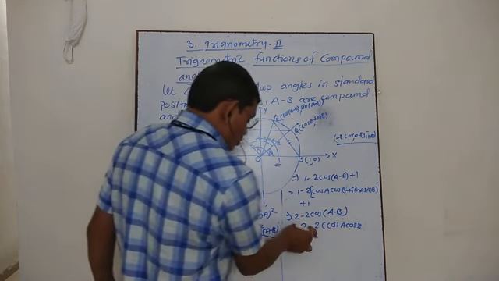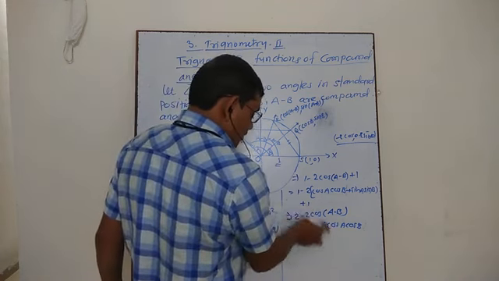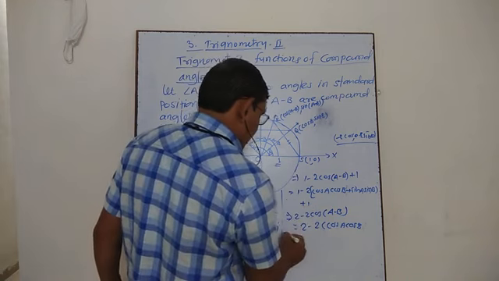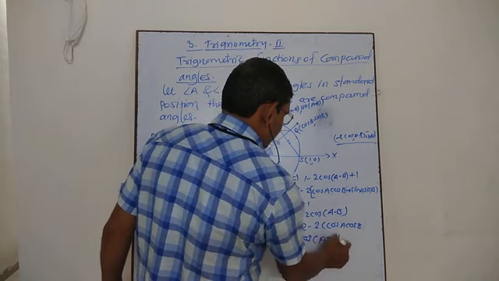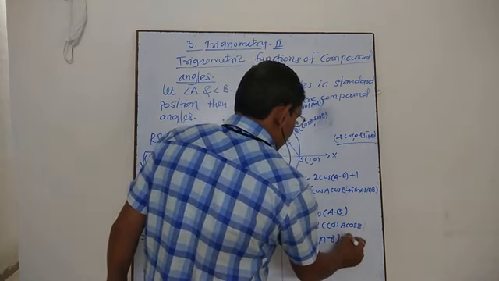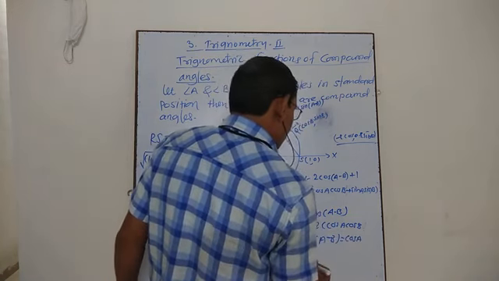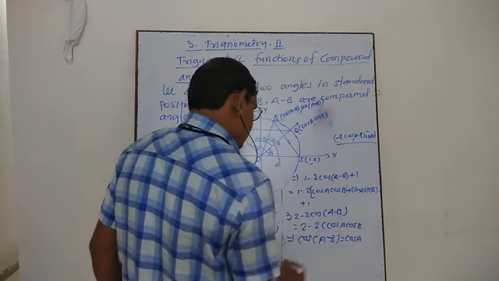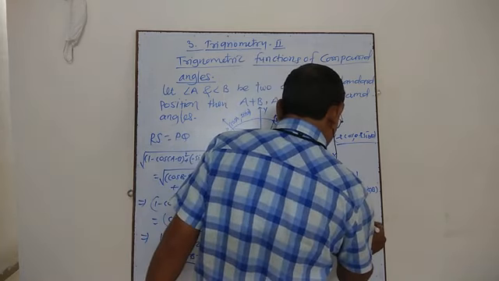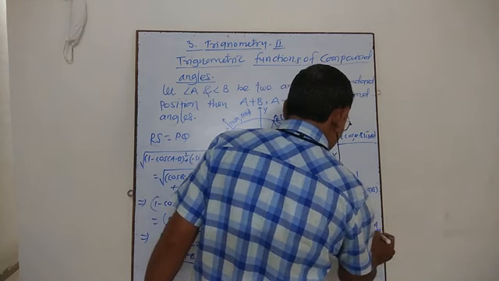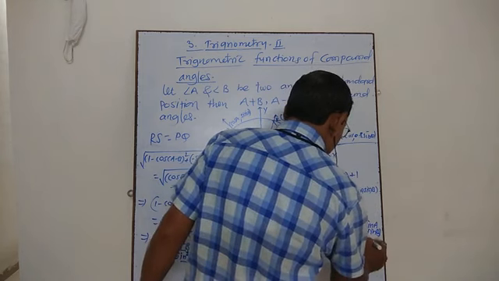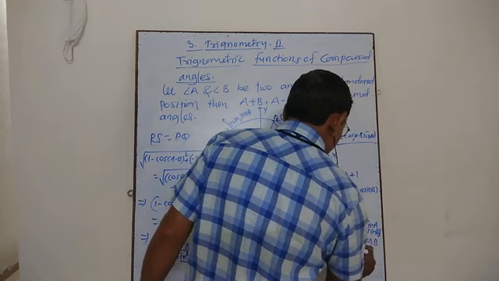Now these two cancel, we transpose plus minus plus, and these two also cancel. So finally we get cos a minus b is equal to cos a cos b plus sin a sin b.